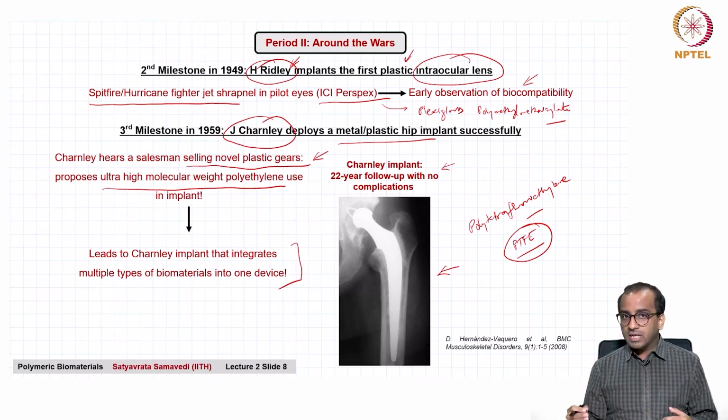But more importantly, apart from serendipity, because there was a need, all that it required for him to come up with this innovation was to connect dots. And that's a very interesting lesson that we can learn from here for how innovations happened in the past.